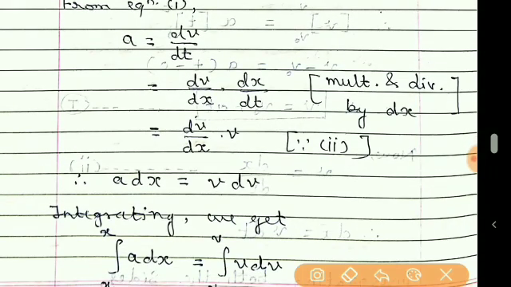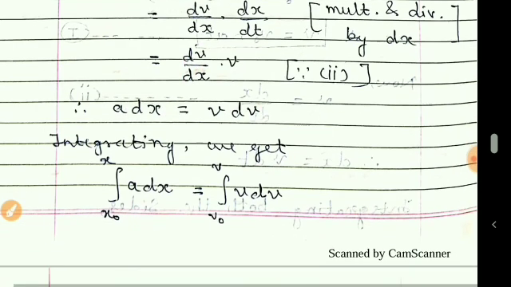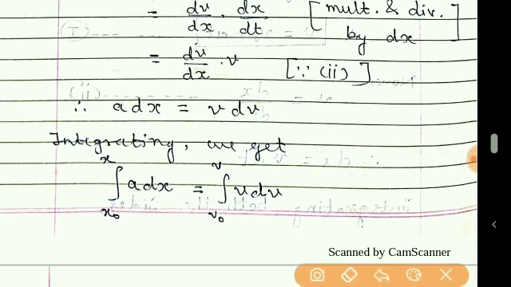Now in our next step we have brought this dx towards the left side. So already there is a, so a into dx. What remains here? dv into v. Now this is for very small changes, so to get the entire change we integrate.